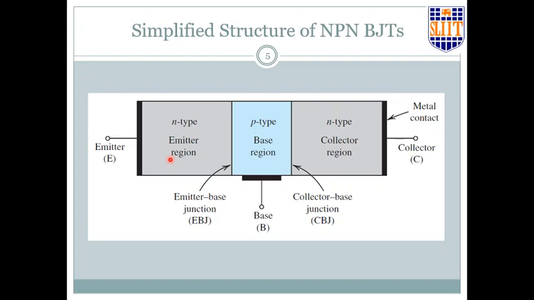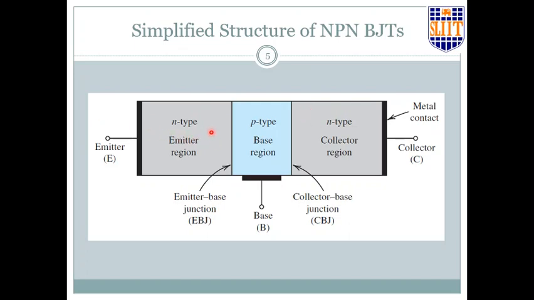So that is true in this case as well. Here you don't see any difference between the emitter and the collector in this simplified structure. This is there just to understand how it is constructed, but fine constructional details will be discussed in the later slides.